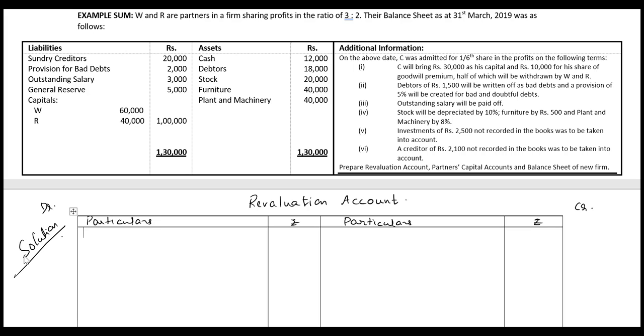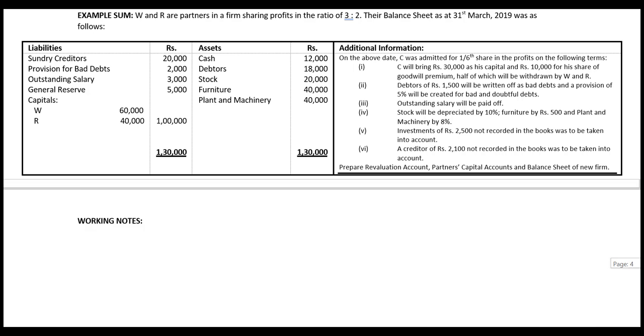Debtors of rupees 1,500 will be written off as bad debts and a provision of 5% will be created for bad and doubtful debts. So let's see the journal entries for this. We'll prepare the working notes and see the journal entries. The first journal entry is for writing off the bad debts of 1,500 rupees.